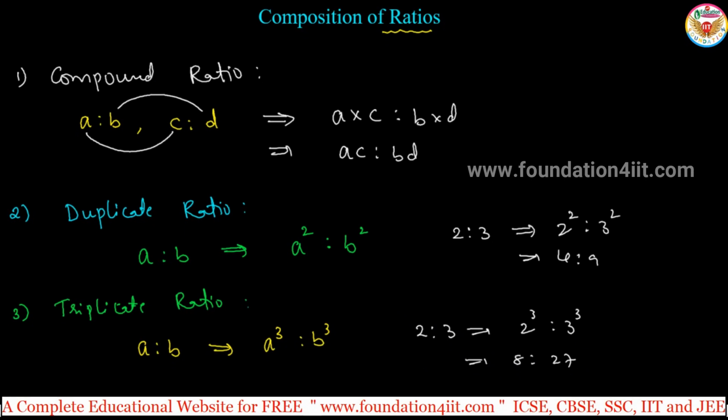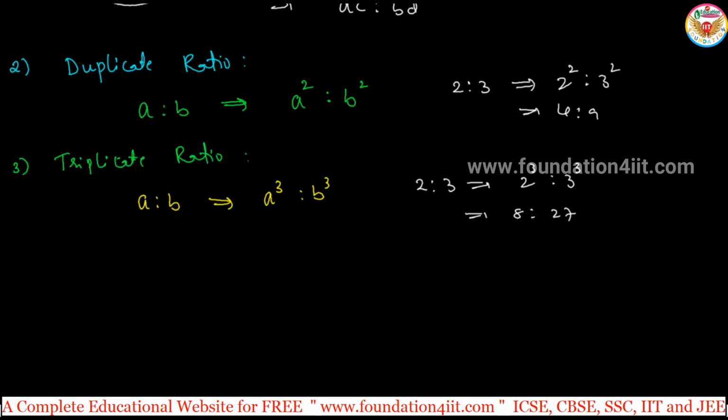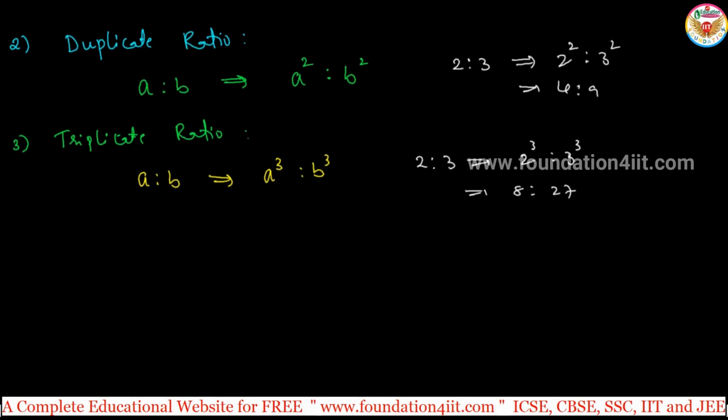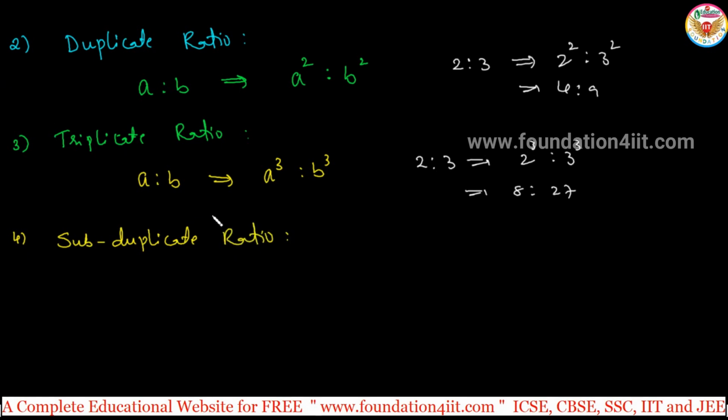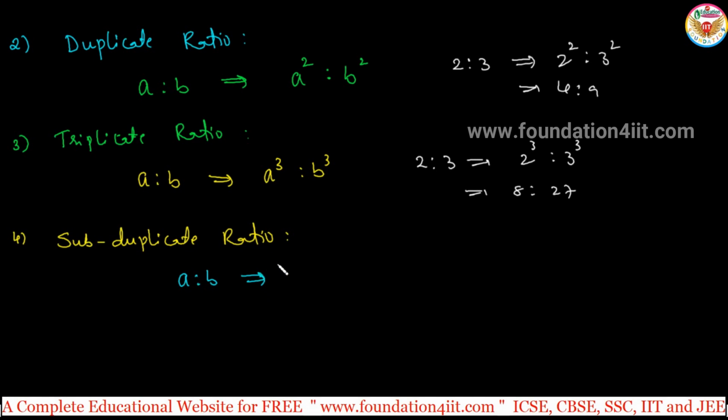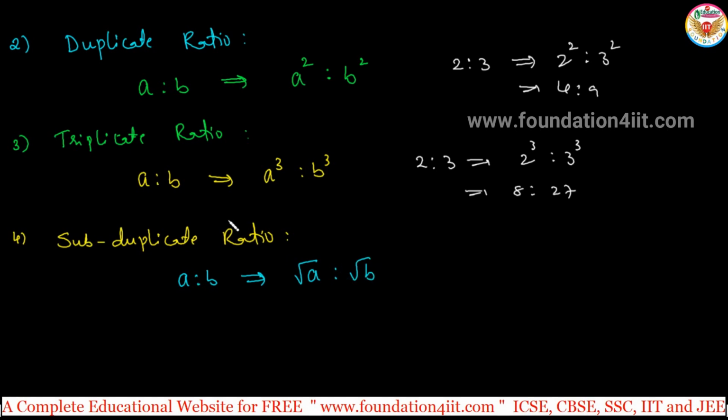And next, based on this duplicate and triplicate, we have one more word, the fourth one, sub duplicate ratio. Here, instead of squaring, we'll go for square root. For any ratio of A is to B, the sub duplicate ratio is square root of A is to square root of B, right?